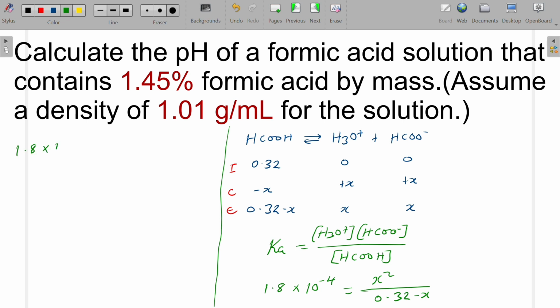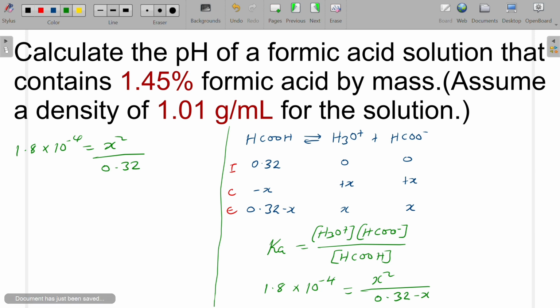All right, so what we have there is 1.8 times 10 to the power of minus 4, equal to X squared over, down here, at this point we're going to ignore the X. Using the 5% rule, we are saying the reduction in the initial concentration will be very small, less than 5%, so we can ignore this X because the change will be very small.